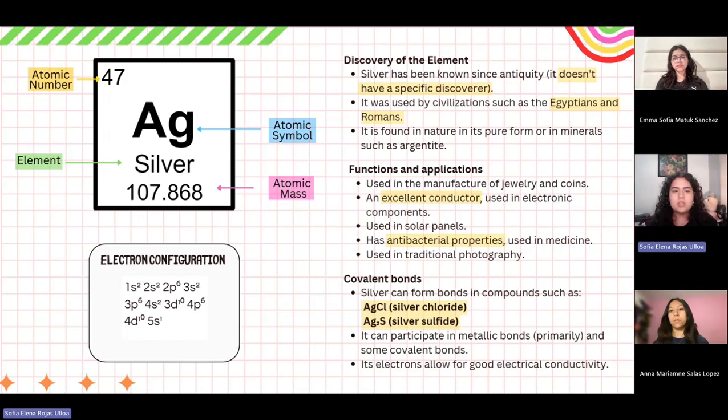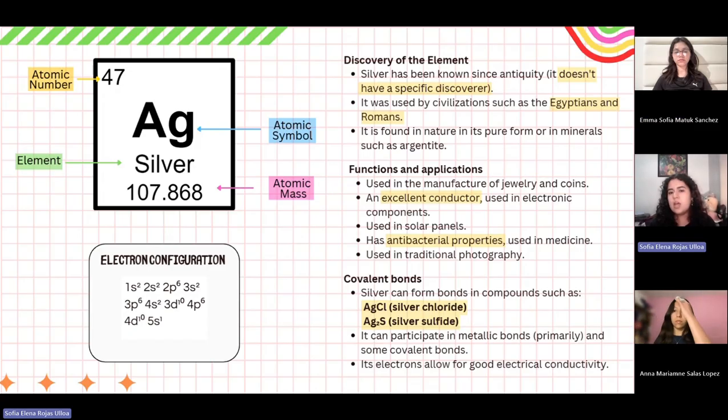The atomic symbol is Ag, and the element, like I mentioned, is silver. The atomic mass is 107.868. The electron configuration is 1s2, 2s2, 2p6, 3s2, 3p6, 4s2, 3d10, 4p6, 4d10, and 5s1.